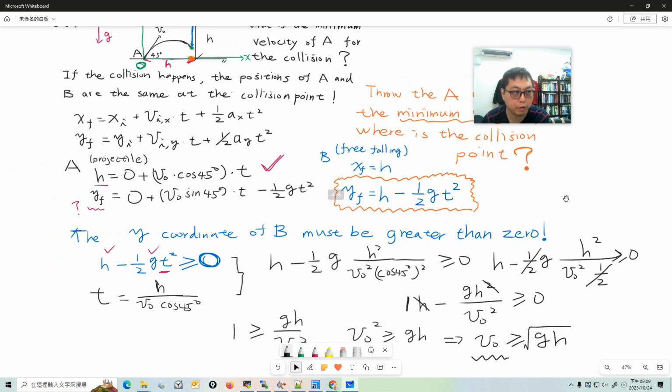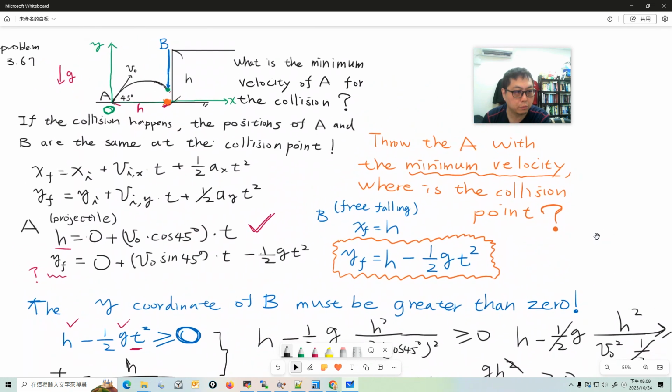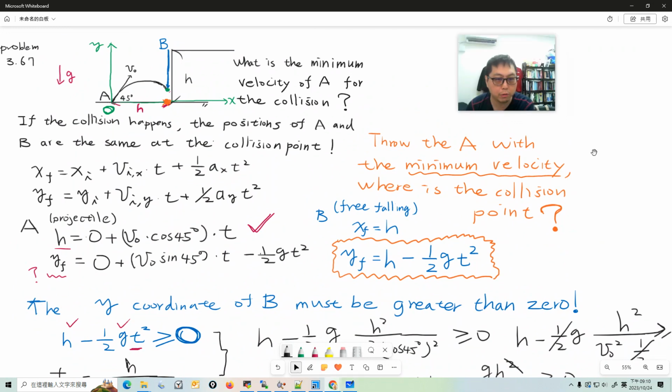So it's the square root of g times h. The key for this problem is that you need to have this in mind: if I throw this ball at A with the minimum speed, where should the collision point be?